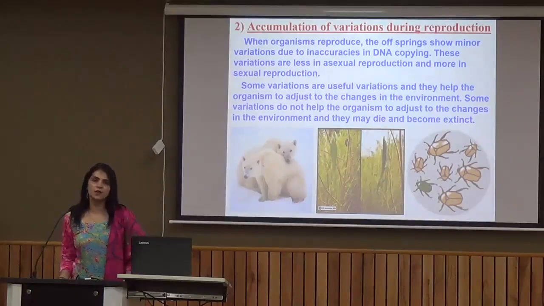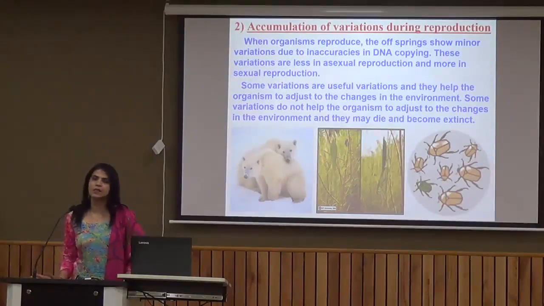In case of asexual reproduction, since only one parent is involved, variation takes place only at the time of DNA copying. In case of sexual reproduction, since two parents are involved, the frequency of variation would be more.